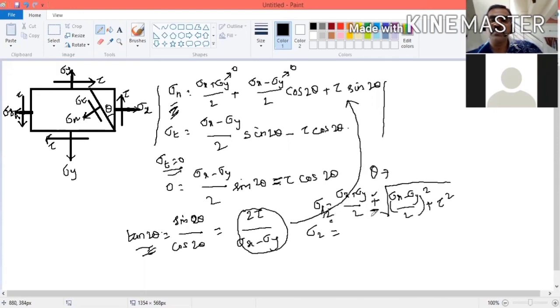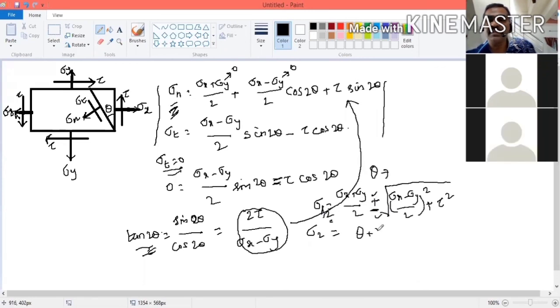If you want minimum, you put minus. So it will be minimum when theta is equal to theta plus 90. When theta plus 90, the value will be minimum. You understand? This equation gives what? Sigma n at any theta.